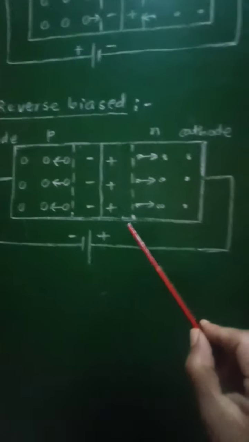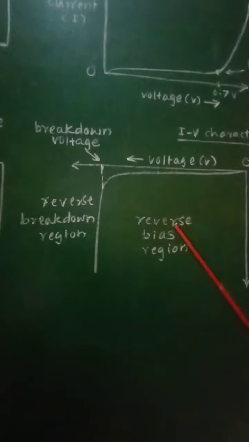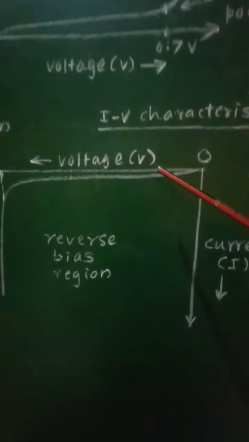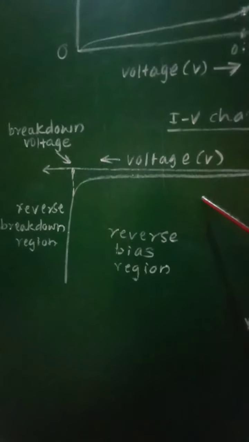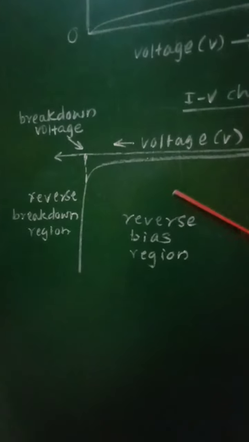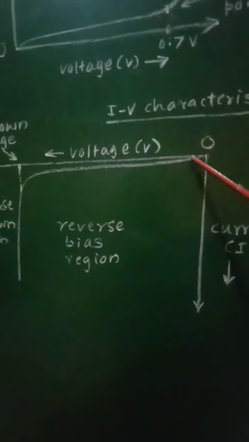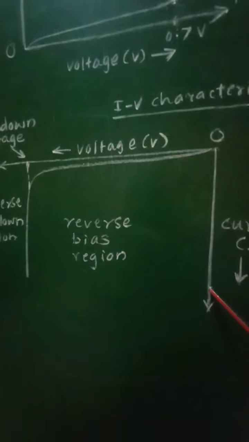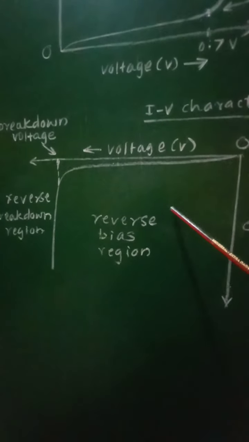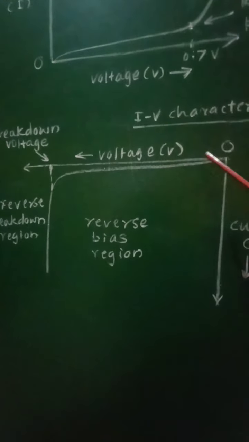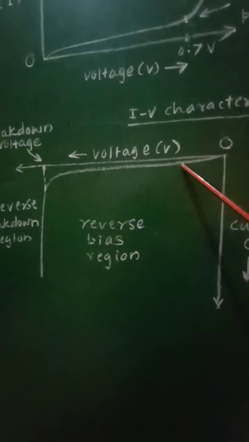And therefore, if you plot the IV characteristics, these are the IV characteristics in reverse bias mode. Voltage is plotted along the x-axis and current along the y-axis. In this case, for small values of voltage, current will be very small.